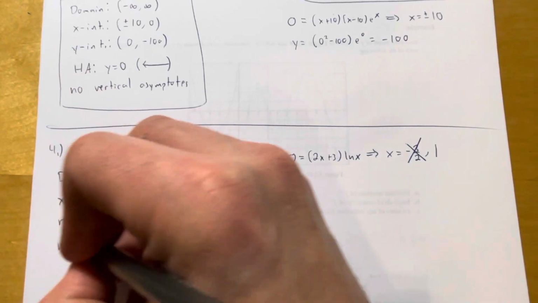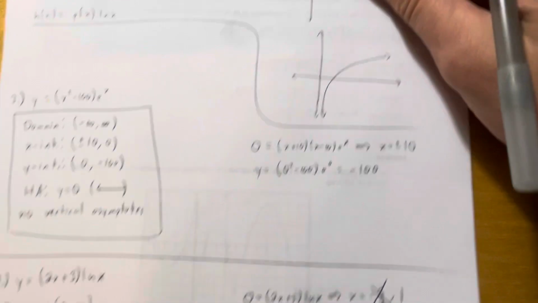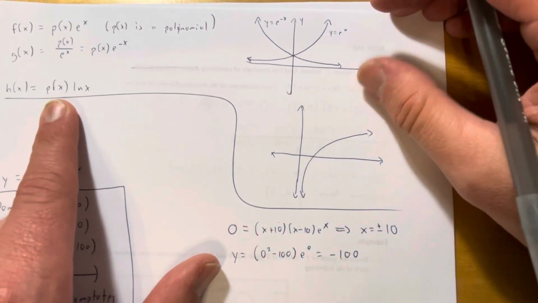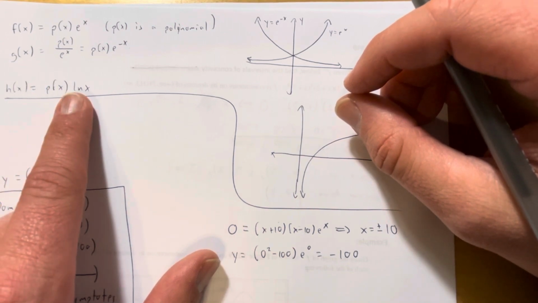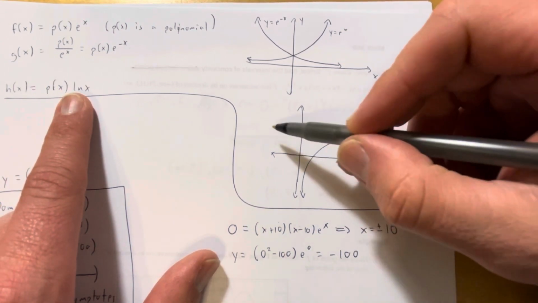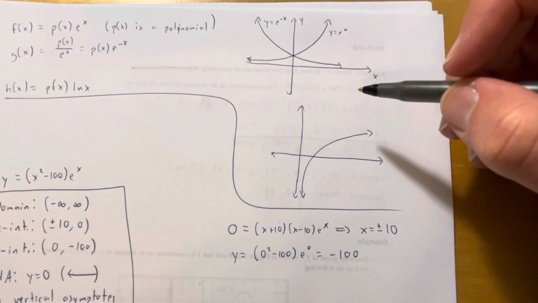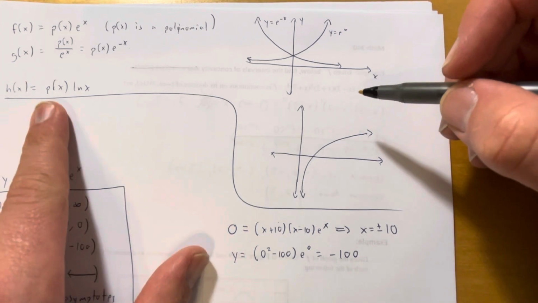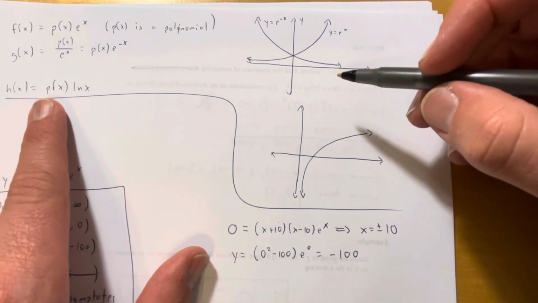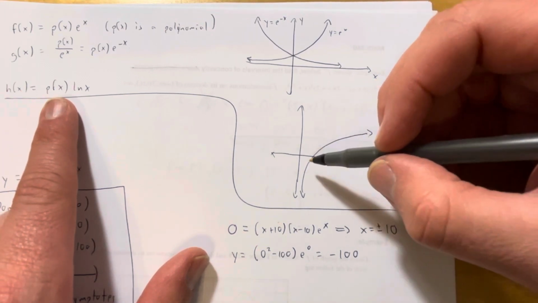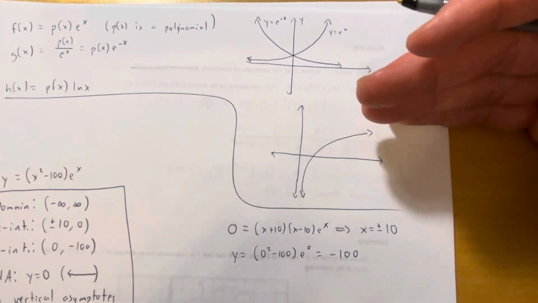So there is no horizontal asymptote for this function, but the vertical asymptote does exist, and like we said in our discussion before we did these two examples, if you multiply a polynomial times a natural log function, polynomials don't have vertical asymptotes at all. So anywhere where you plug in a specific x value, you're going to get a finite y value.